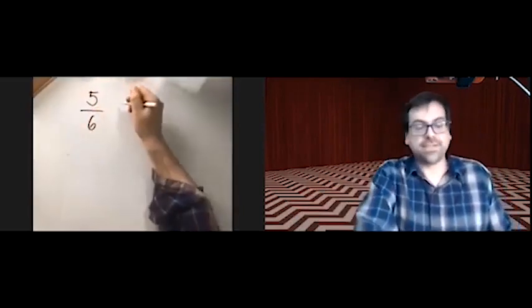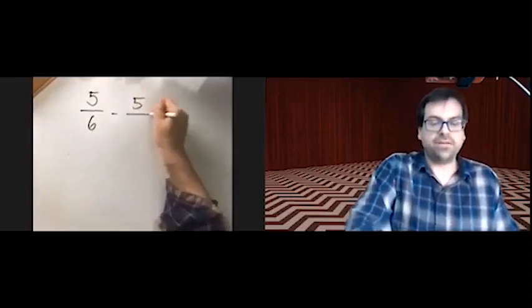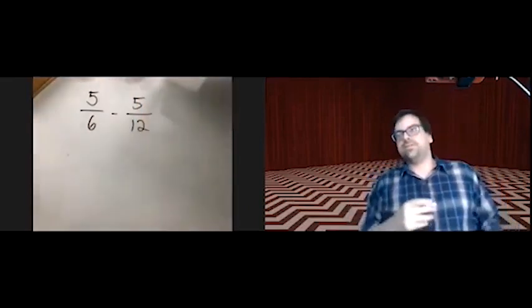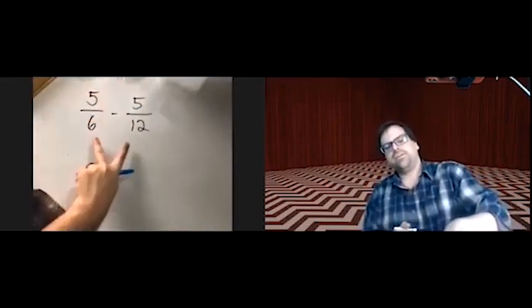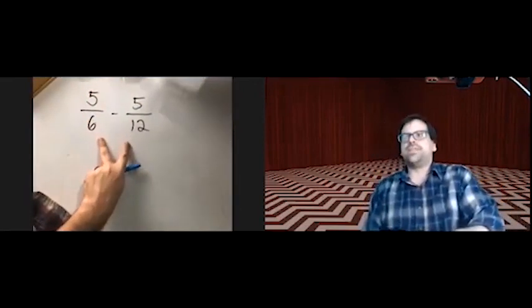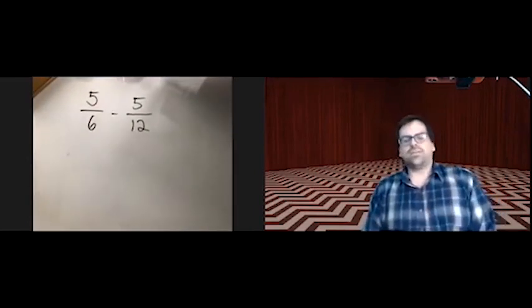Five sixths minus 5 twelfths. And this isn't 0. At no point are we doing 5 minus 5 because these numbers are not the same on the bottom. We can't add or subtract until the numbers on the bottom are the same.